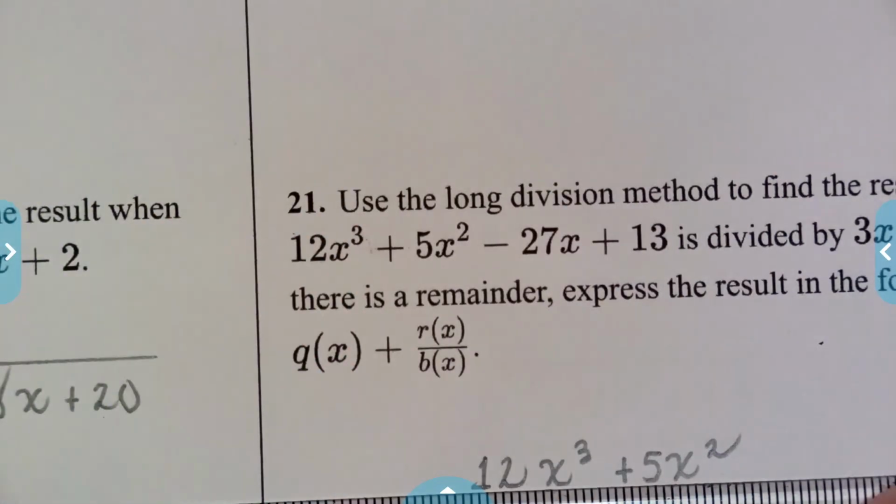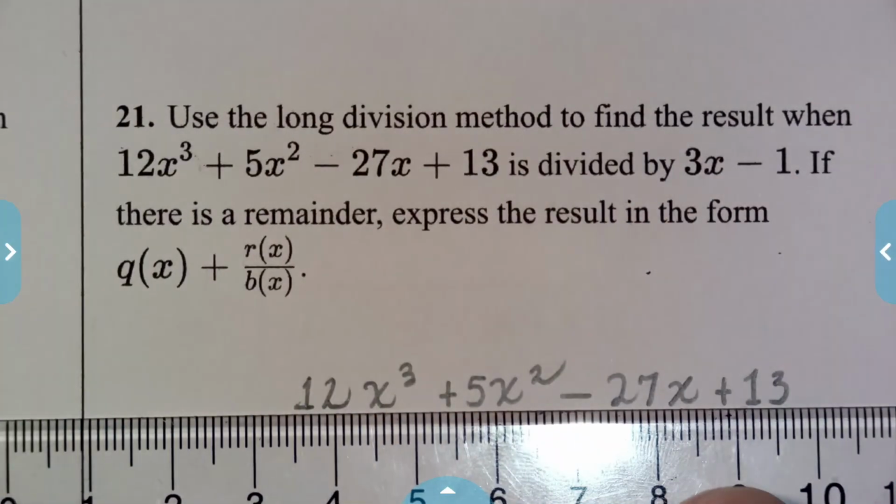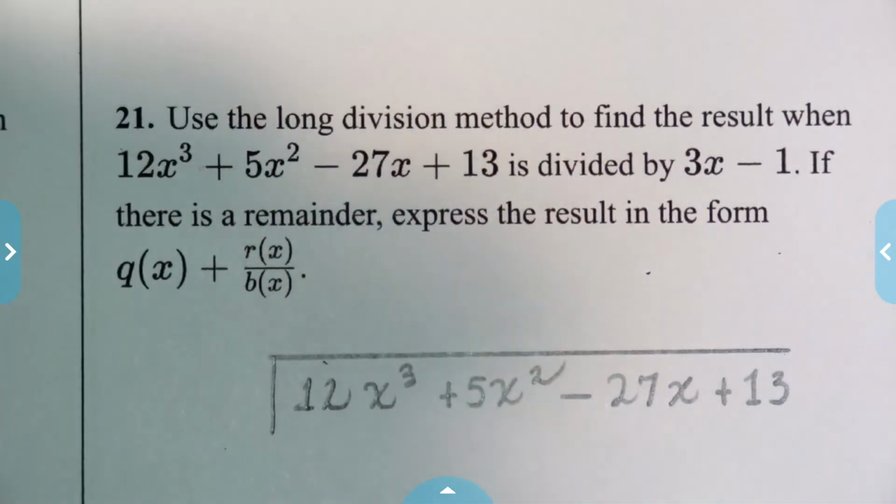Okay, so let's jump in. We got 12x cubed plus 5x squared minus 27x plus 13, divided by 3x minus 1.